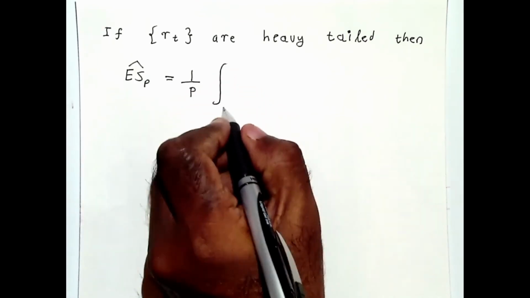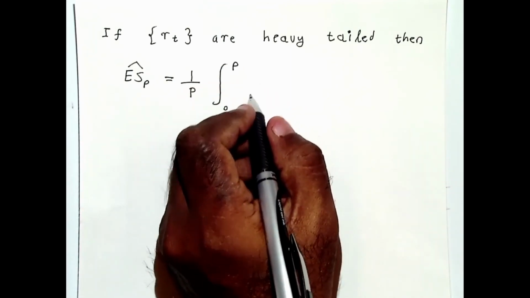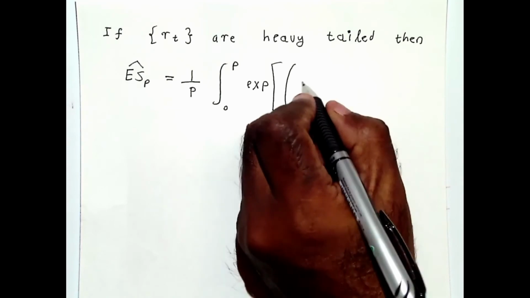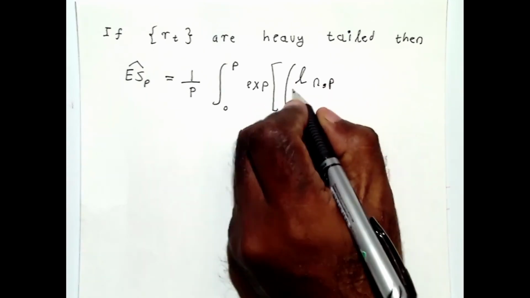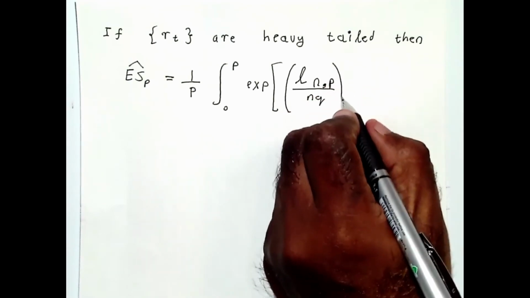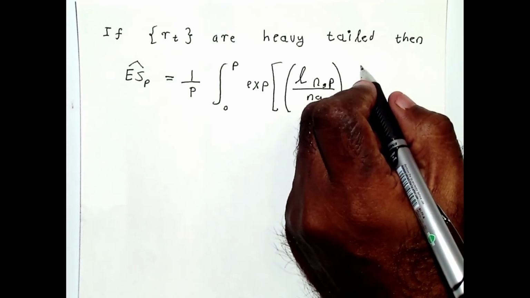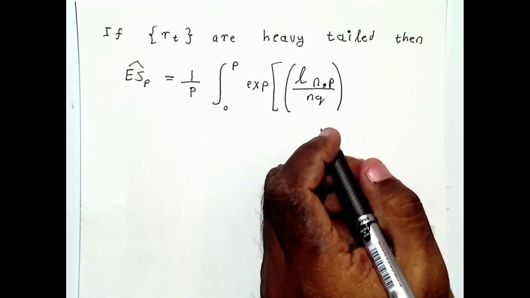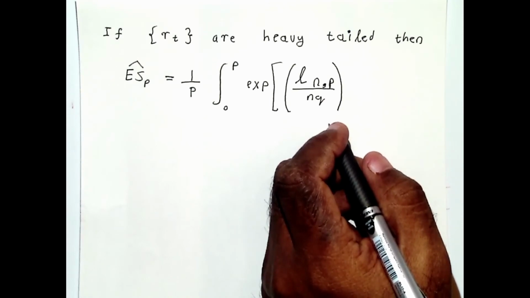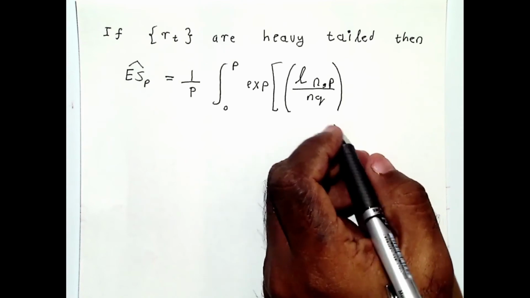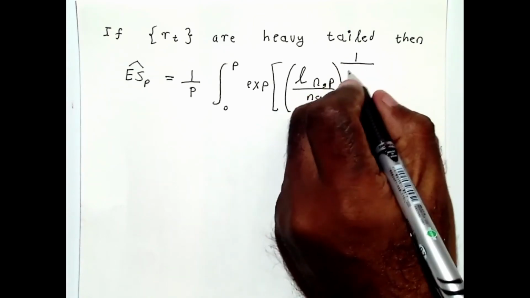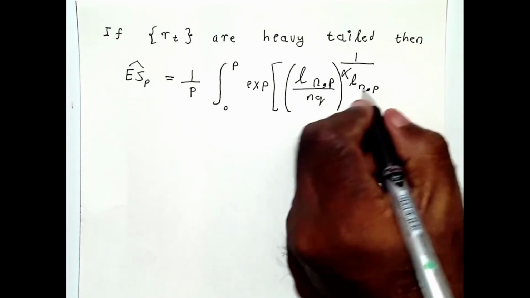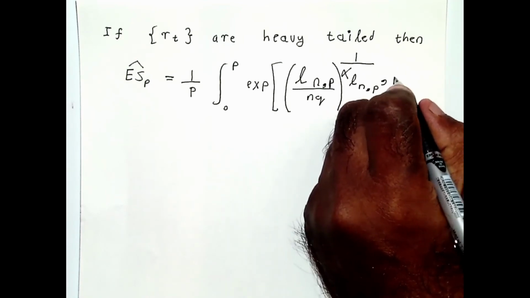So it's the integral from 0 to p of the exponential function of L_n p, I will explain what that is, divided by nq, to the power 1 divided by alpha hat L_n comma p, comma n, right?